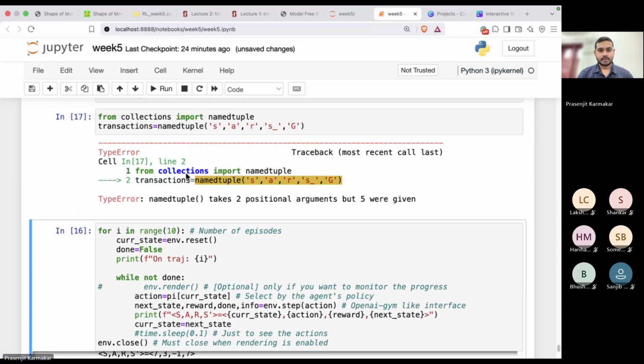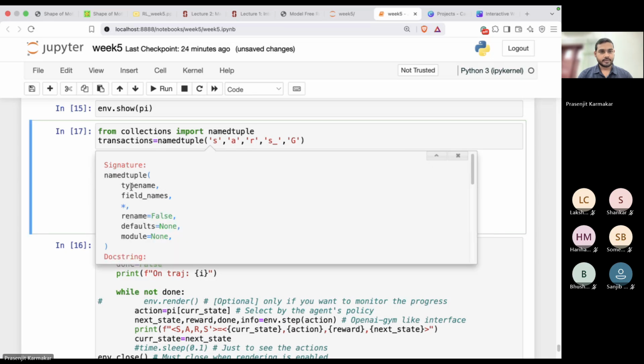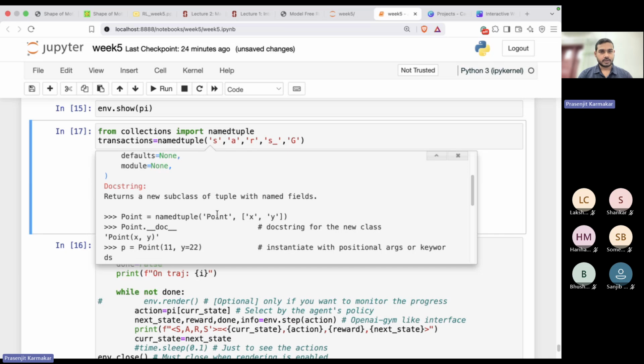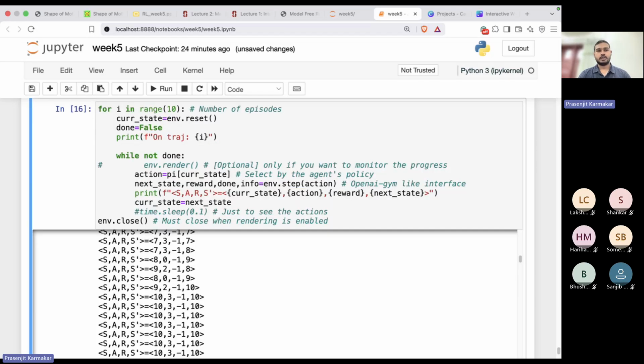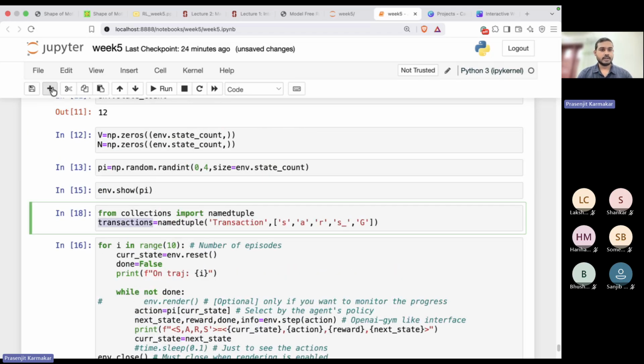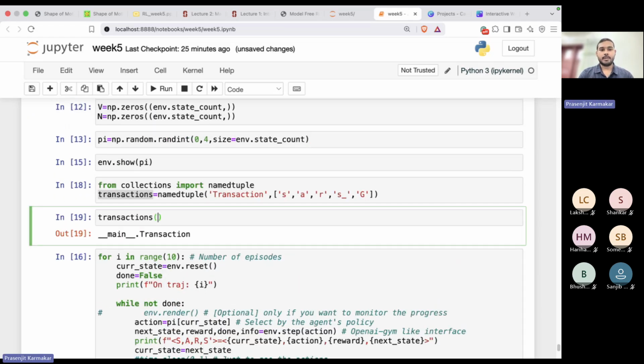Now if I run this, sorry, transaction, and then I need to do this: transaction type and this. So what is this transaction? This is a named tuple. I can have a transaction like this: 1, 2, 3, 4, 5, and that's a transaction.